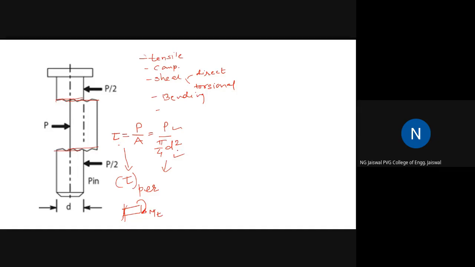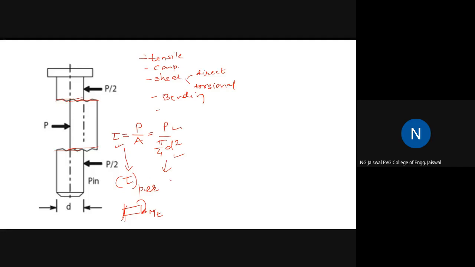But since d is not known, to execute this equation we must know the value of tau. Therefore, instead of writing the induced shear stress, I am equating it to the permissible shear stress, because at the most, induced shear stress can reach up to the level of permissible shear stress.